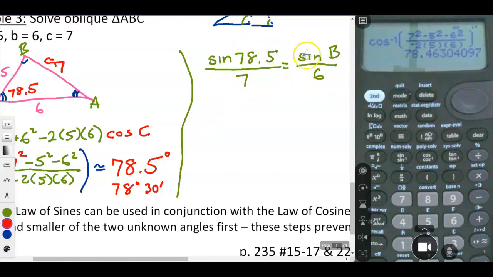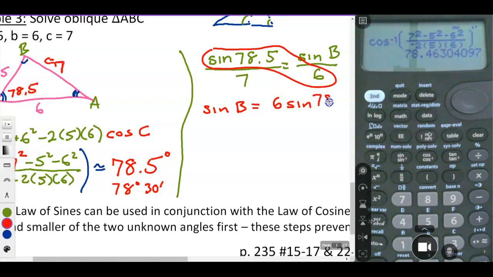Cross multiply and divide. So this part will be on top when I cross multiply, and I'll divide by 7. Right, so I'm going to have sine of B equal 6 sine of 78.5 all over 7. Therefore, the measure of angle B will equal the arc sine.